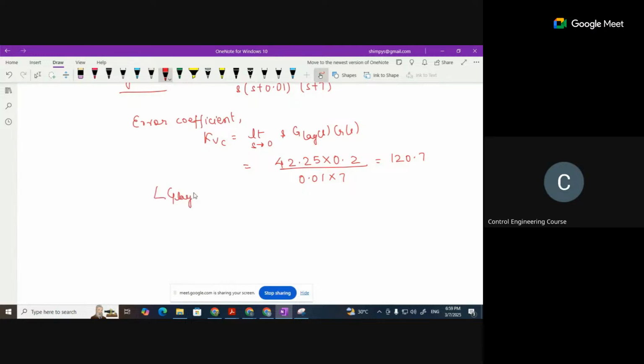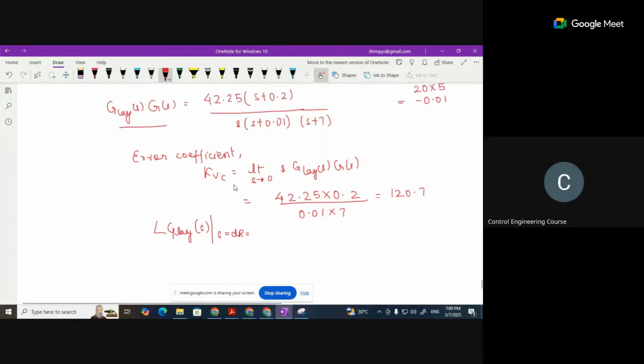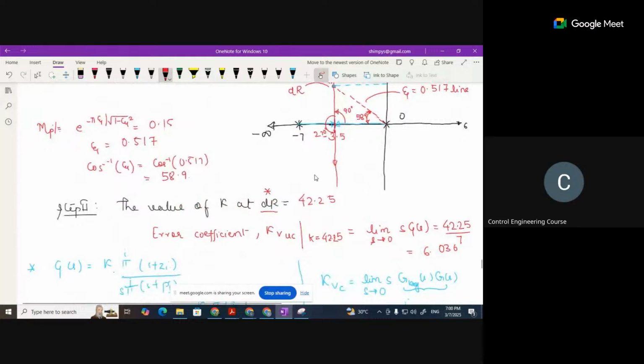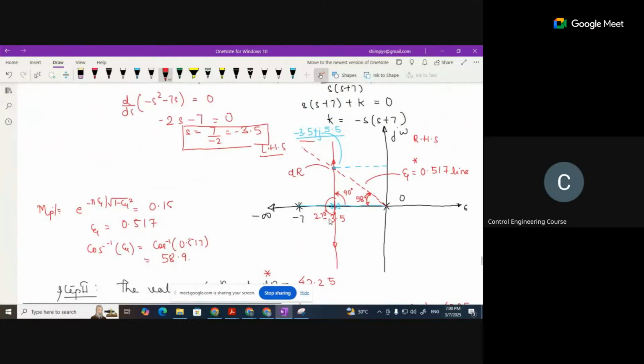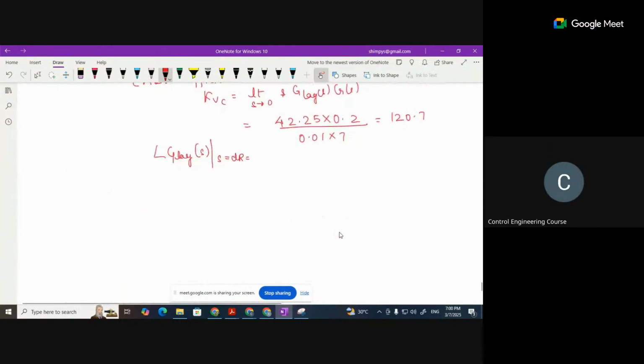You can do this: the angle of G lag at s equals dr, which is minus 3.5 plus j 5.5, and tan inverse of minus 5.5 by 3.5.